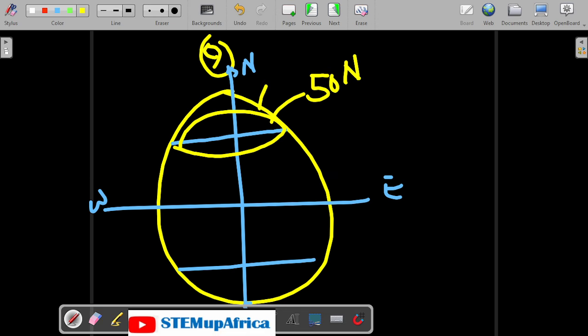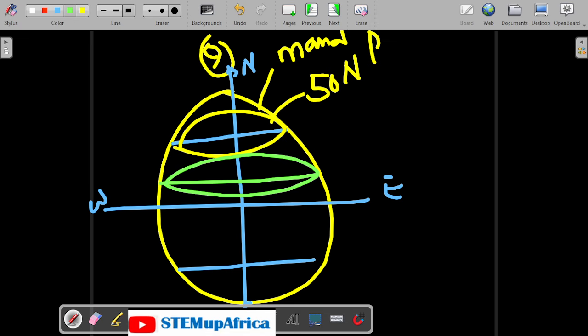This is for M and P. Then we have the other here, which is 37. This is our Q now. 37 degrees north. This is for Q.